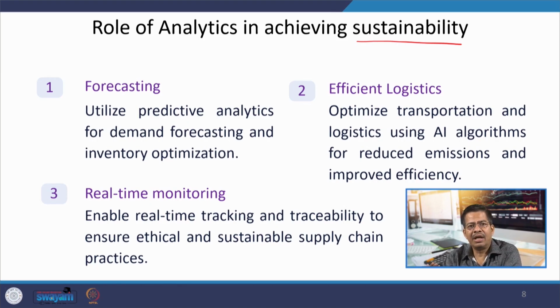Similarly, there may be various other areas where use of analytics may help us in achieving sustainability. For example, forecasting. If you use data and algorithms for better, more accurate forecasting, it will help you in minimizing the wastage.